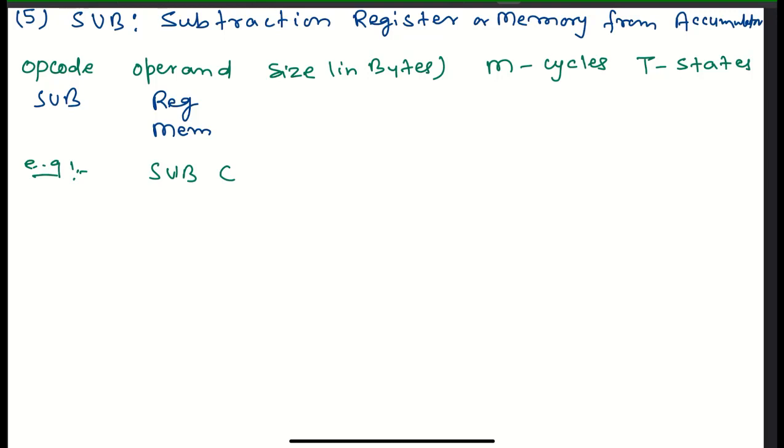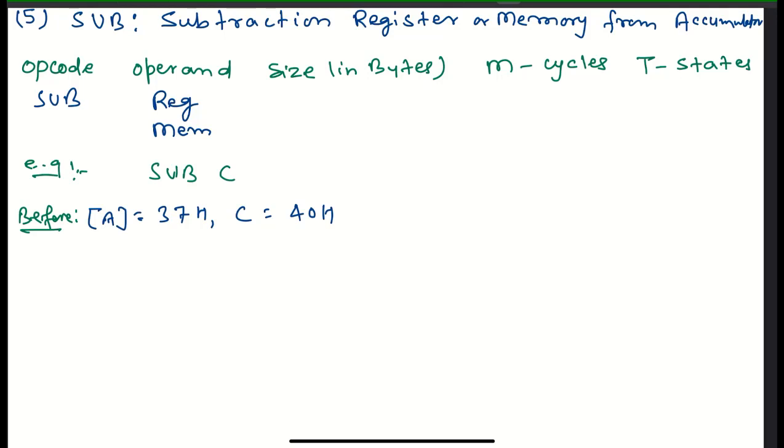Before execution of this instruction, I am taking the accumulator content as 37H, and the C register content as 40H.